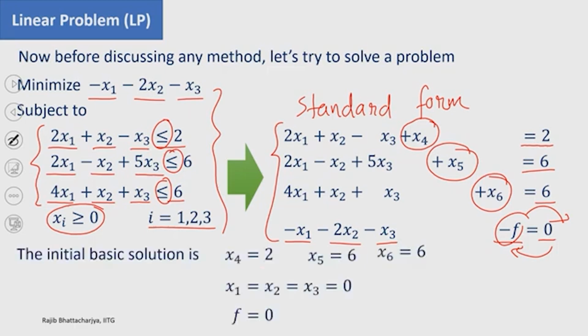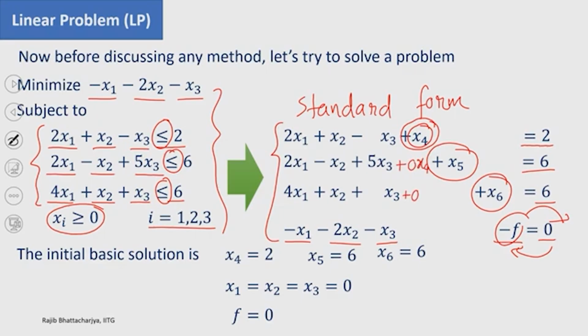Now you just see here the beauty of adding this slack variable. The slack variable x 4 is added to equation 1, and therefore the coefficient of x 4 in equation 1 is 1, and for the others it is 0 x 4.